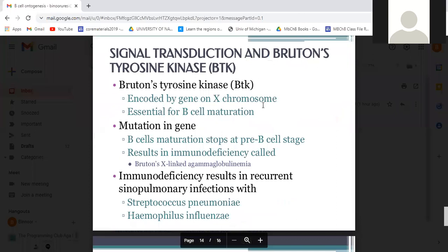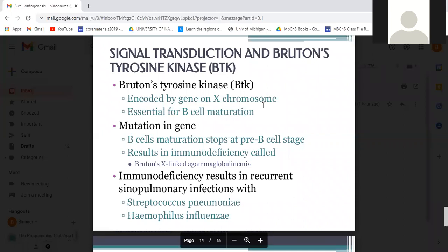Now, the process of B cell development is not 100% effective. Things can change or can occur somewhere. And one of the defects that we can have, or deficiencies in terms of B cell development, is the development of Bruton's tyrosine kinase disease, which is encoded by the gene on the X chromosome, which is very essential for B cell maturation.